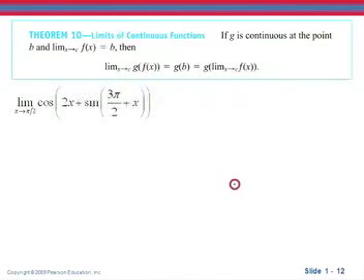Now, the limits of continuous functions. If the limit as x approaches c of g of f of x is g of b, then it's also going to be equal to g of the limit as x approaches c of f of x.